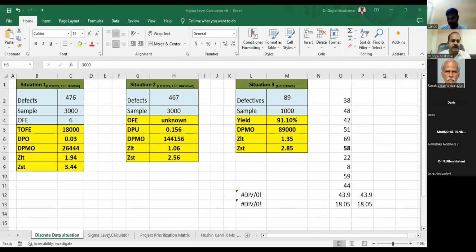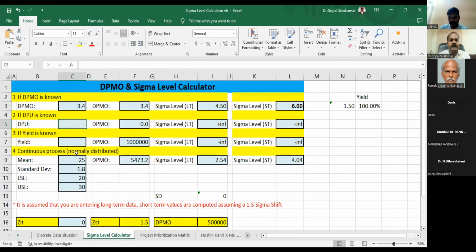Now, I come here, sigma level calculator. Here something is available. Can you see? Mean, standard deviation, USL, LSL. Can you tell me what is LSL? LSL 125. USL 130. Then average and standard deviation I want. How much is the average? 126.